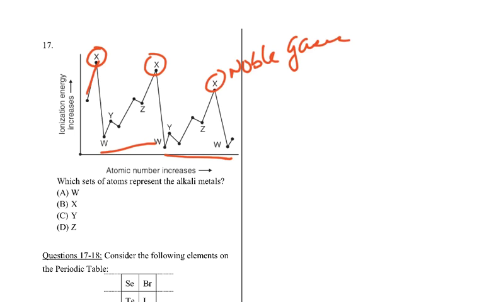And the very lowest ones in each row are the alkali metals, because they have the weakest nuclear charge, so they're the easiest to remove. That's the lowest ionization energy. So those are the alkali metals. If somebody asked, the Y's would be the alkaline earth metals, and the Z's, I'm not sure. It would have to be somewhere in the middle.